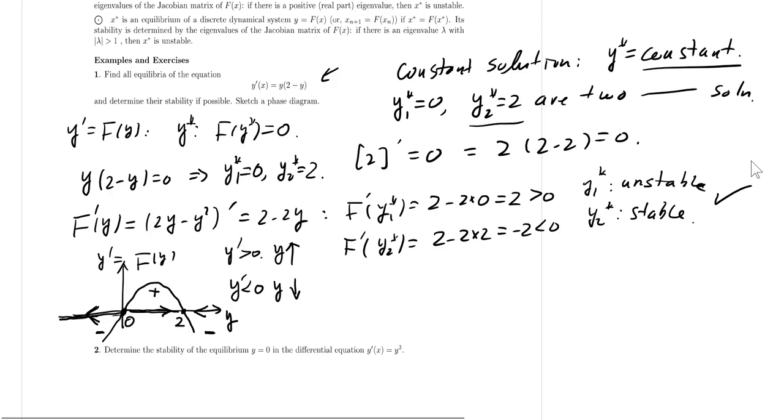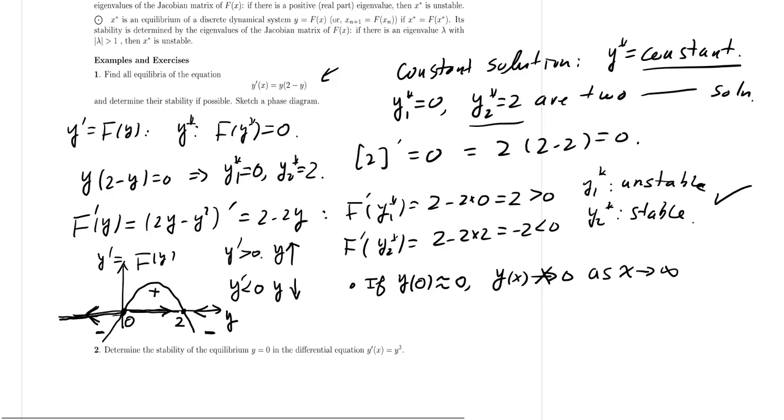So here is our conclusion: if y of 0, at the starting time, is approximately 0, then y of x as a solution is not going to approach 0 as x goes to infinity.